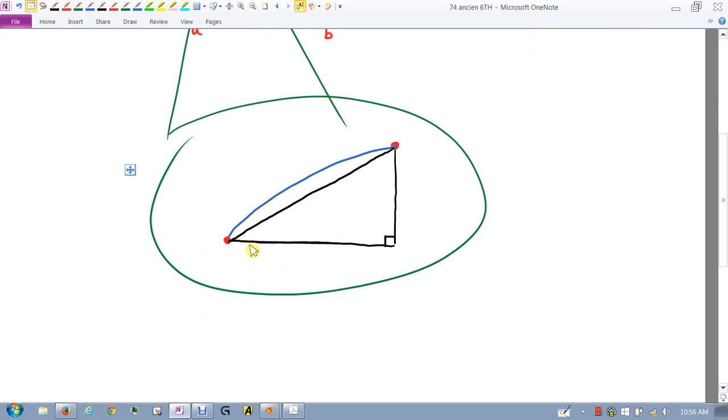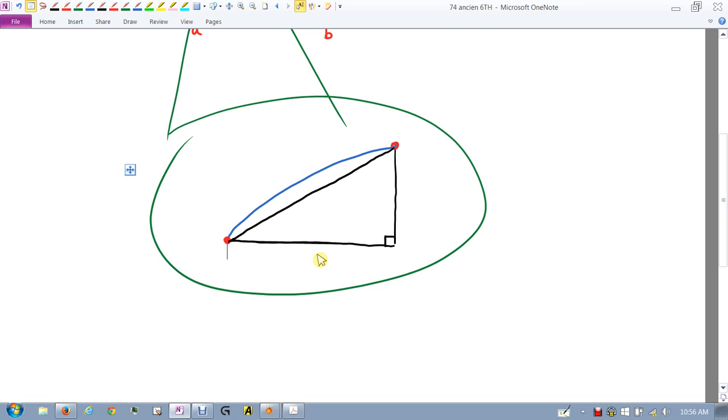Now, this right here has always been our what? The length widthwise here has always been our delta x, our change in x, right? If you're going to go from this red point to this red point, this is our change in x.